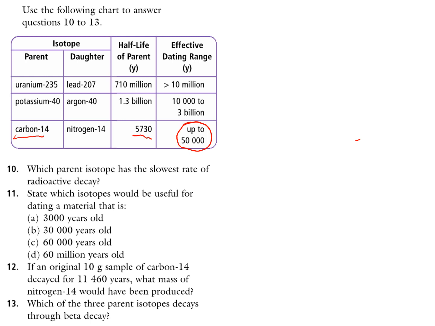So what would we typically use for, say, figuring out how old a dinosaur was? Well, dinosaurs were 65, 70 million years ago. Uranium-235's half-life is 710 million years, and the effective dating range is somewhere greater than 10 million years.